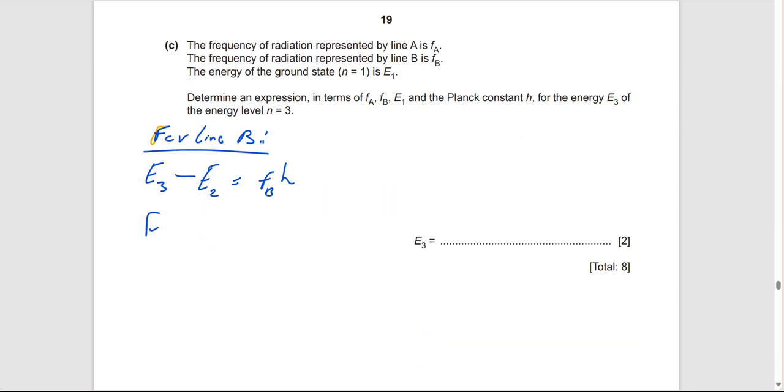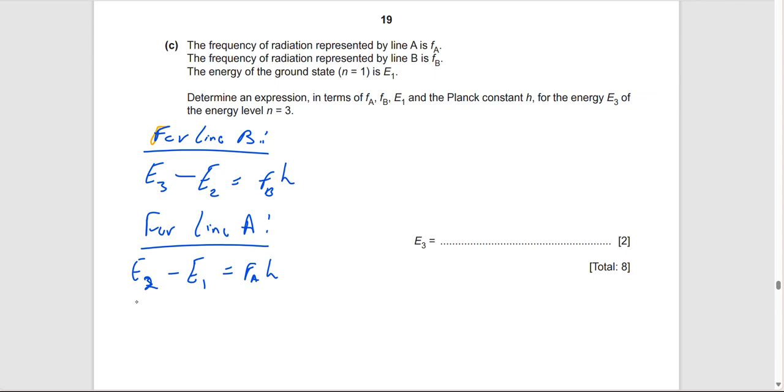Then you go for line A. For line A, we have E3 minus E1 equal to FAH.